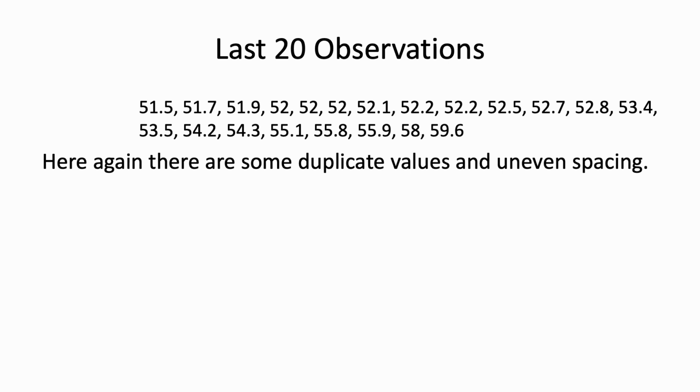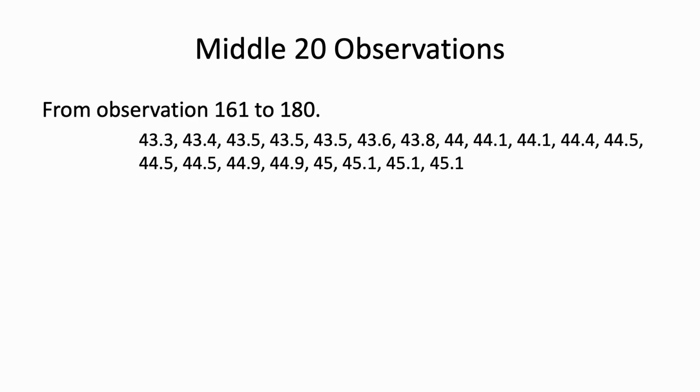Here are the last 20, so these are the highest 20. And again, we see the same issue of multiples of some values and uneven spacing. And then we could look at the middle 20 observations. The middle 20 observations are interesting because, of course, we're often interested in the center of the distribution. So these are from 161 to 180.